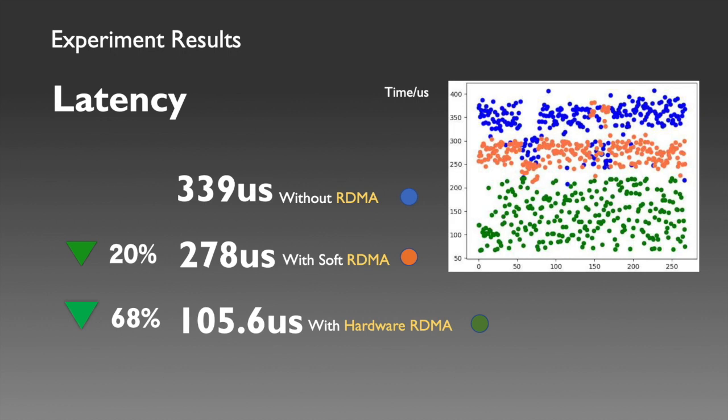So we get 20% speed up and 68% speed up respectively. Due to the limited number of NetFPGAs, only the server side is equipped with this system, which means it could be even faster if both sides can have this product.